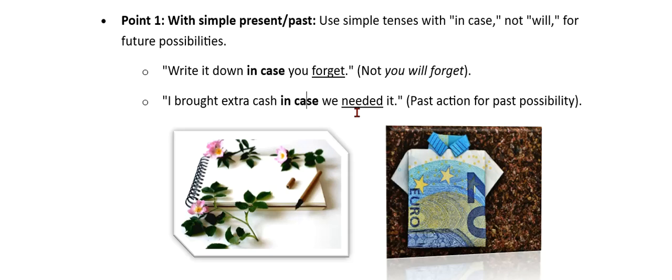You have to use simple tenses, simple present for the future, or simple past for past actions or past possibility. Let me just read the sentence again and explain this to you. I brought extra cash in case we needed it. It means that it was possible that we needed more cash, and that's why I took that precaution and I brought extra cash with me.